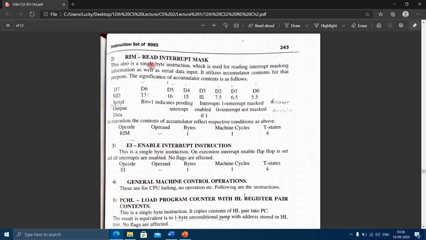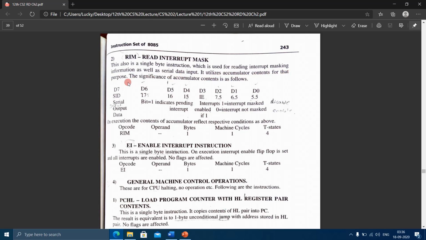So let's see what's there in the RIM instruction. This is also a single byte instruction, which is used for reading interrupt masking information as well as serial data input. So the RIM instruction is used to perform two functions. It utilizes accumulator contents for that purpose.